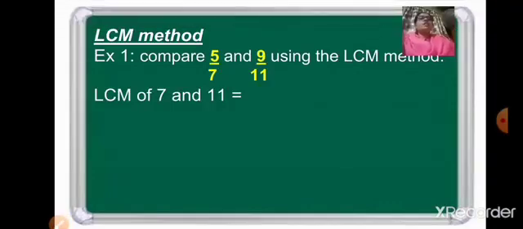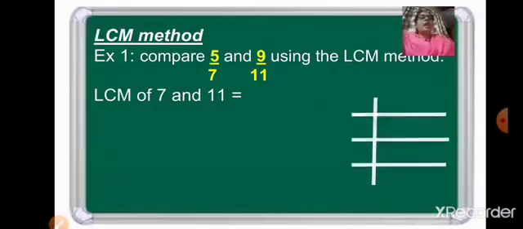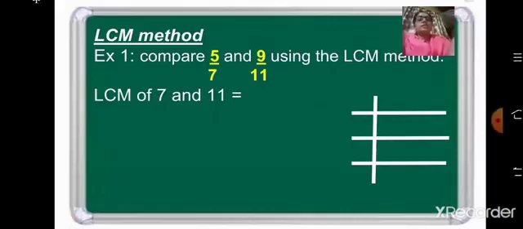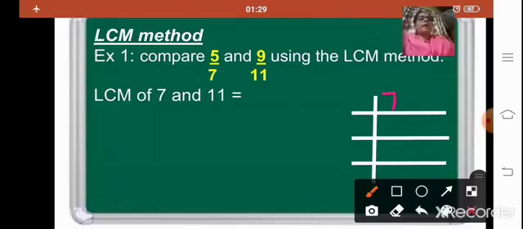You have already learned how to find the LCM of two numbers. So we'll write here 7 and then 11. Now 7 is a prime number, so it is divisible only by the number itself. 7 ones are 7.